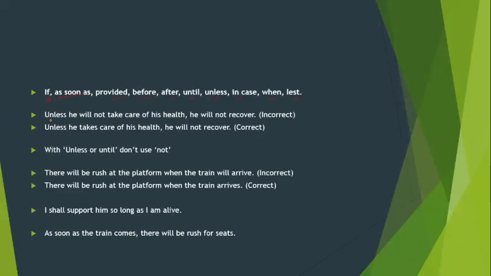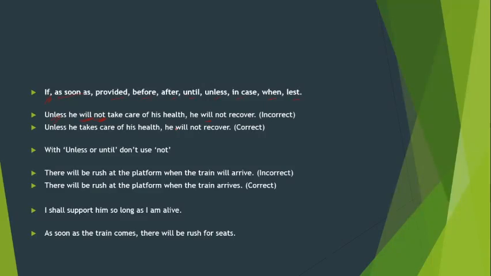If we are having unless in the sentence, see, unless itself is a negative word. So we don't use a negative word with unless. Like we have the sentence, unless he will not take care of his health, he will not recover. So we are using not here also. And you have to use the future tense only once, the rule that we have studied in the first conditional sentence.